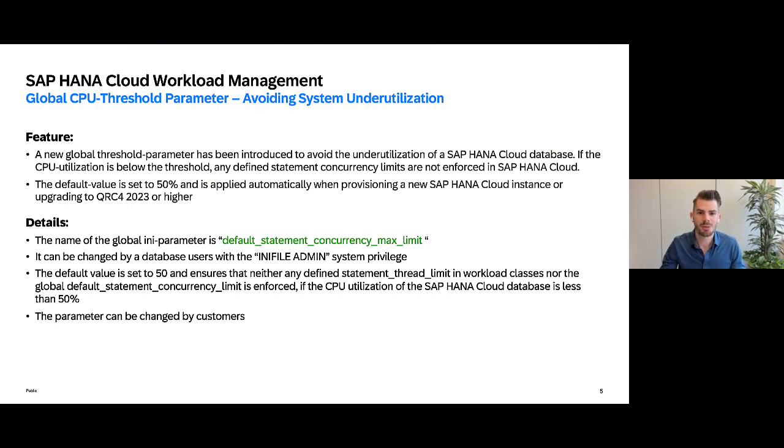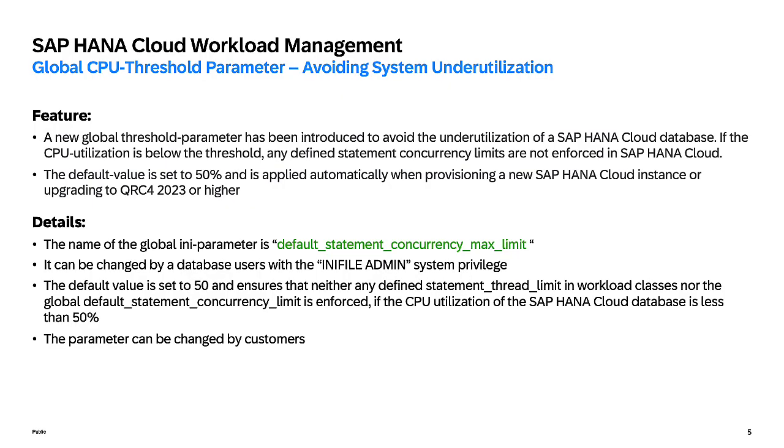So a few things that I definitely want to mention before we dive into the specific sections are, for instance, the improvements to workload management in HANA Cloud. We have introduced with the Q4 release of SAP HANA Cloud a new parameter, which is a so-called CPU threshold that helps to avoid underutilization of SAP HANA database systems in SAP HANA Cloud.